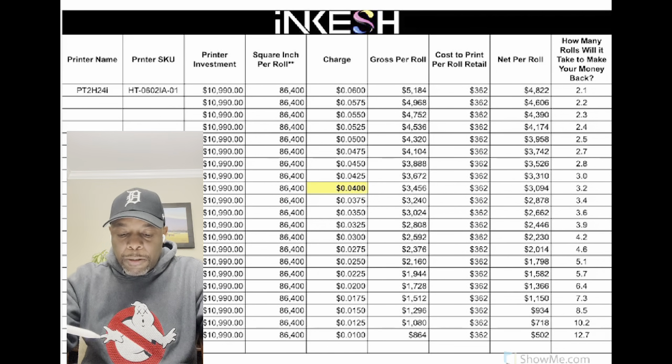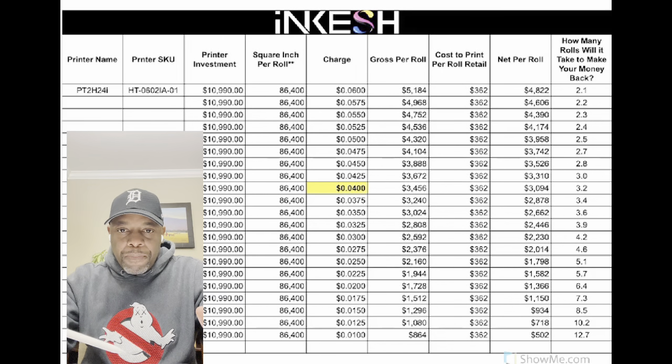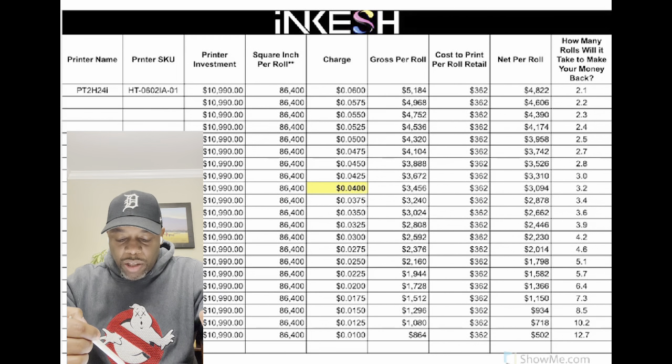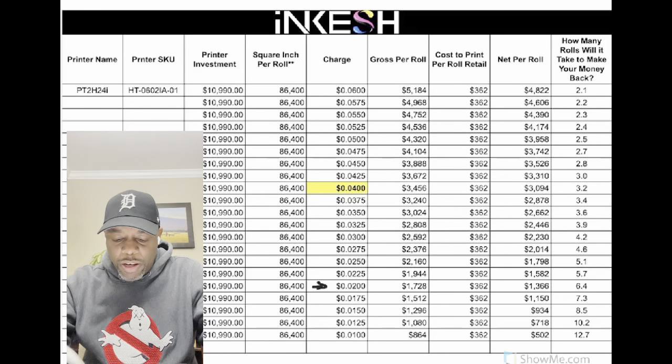So let's look. When you have the customers out here, they invest $10,990 for a printer. And let's say you're down here and you're charging this right here, this 2 cents per square inch, which most people do. They come in, they say, all right, we can go in at 2 cents per square inch.